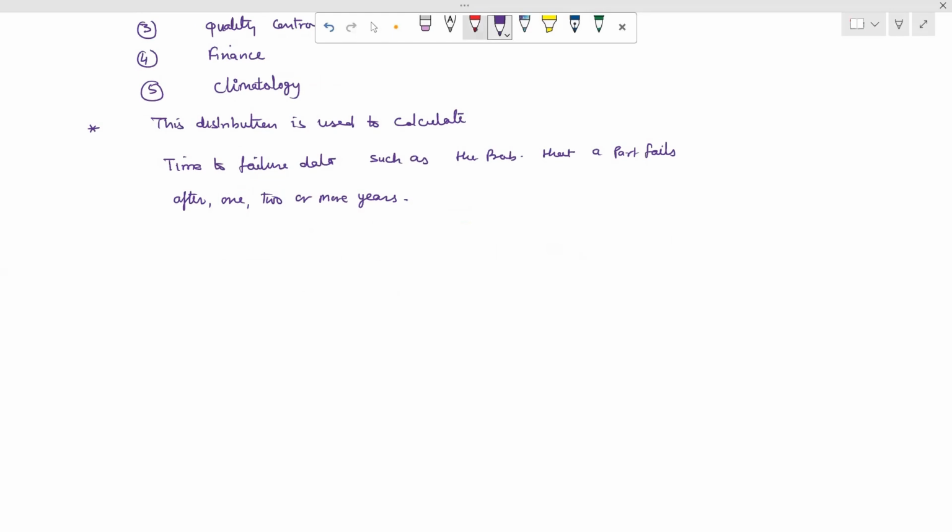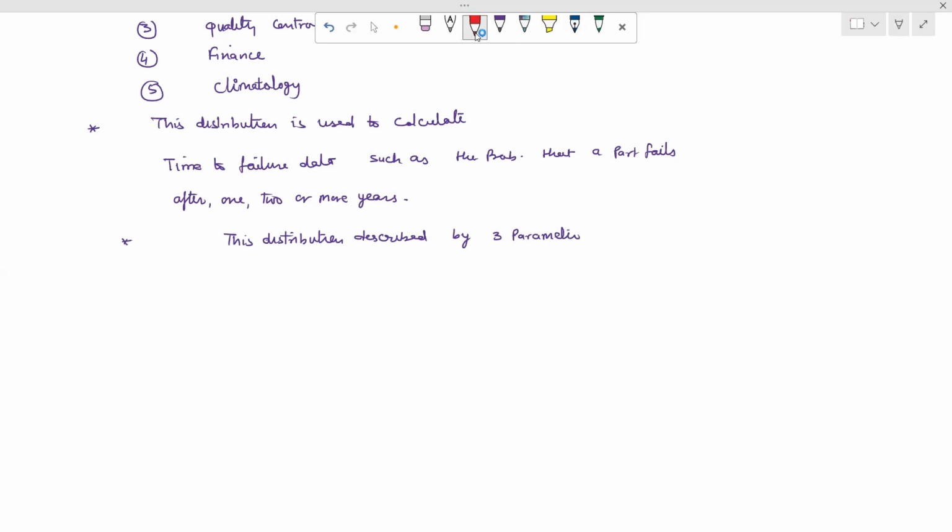Before explaining this distribution, we write down the parameters. This distribution is described by three parameters. We know that when we use the exponential distribution, we use one parameter.